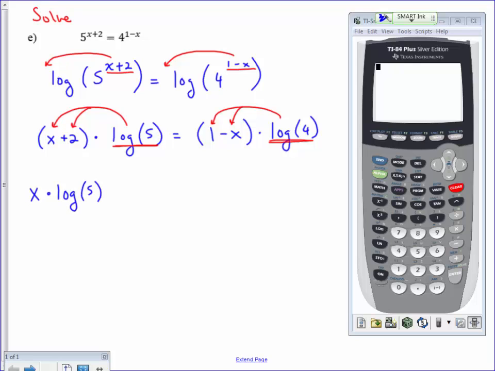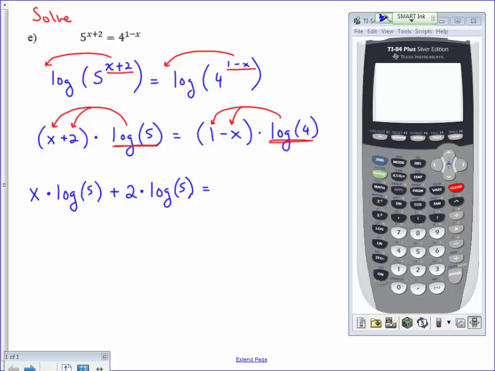The same thing with the 2 and the log of 5. You cannot multiply values that are not inside of a log by other values that are arguments. So in other words, here we could not multiply the 2 and the 5. So instead, we'd multiply the 2 in front of the log and keep that argument of 5.